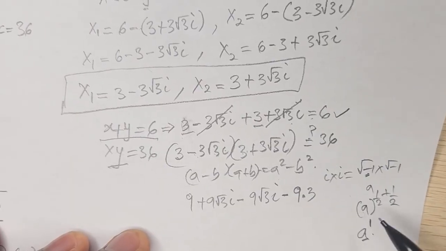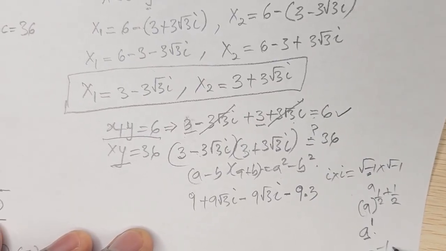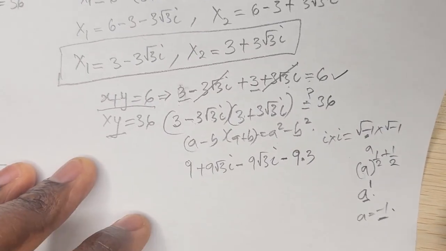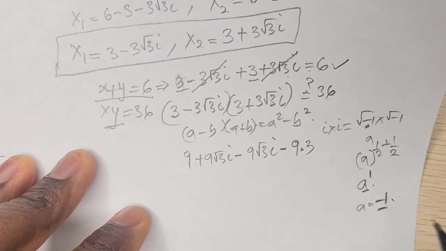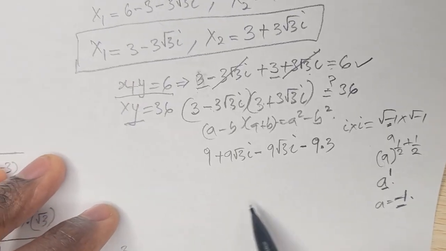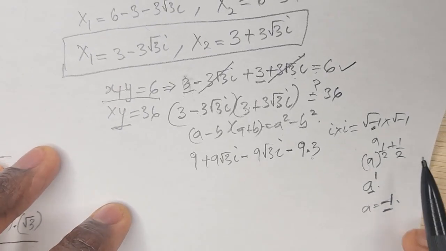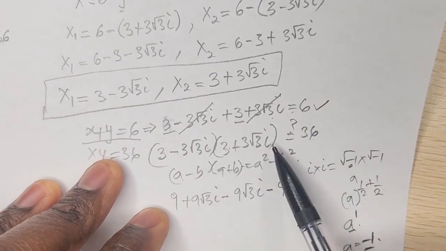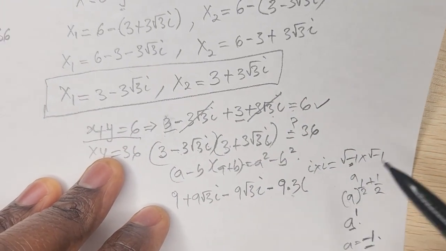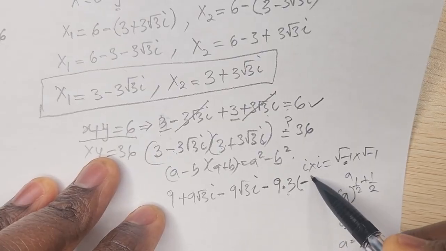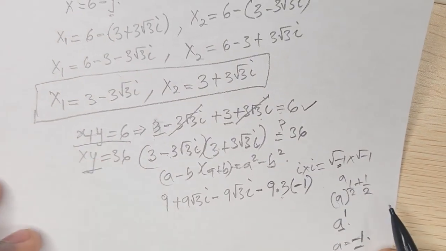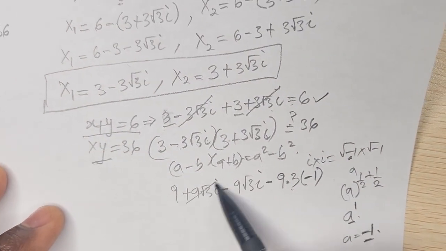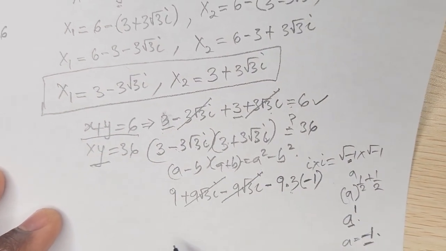Now a is minus 1, remember, so i times i becomes minus 1. So these can cancel out.